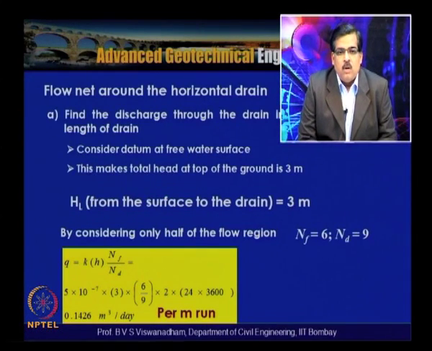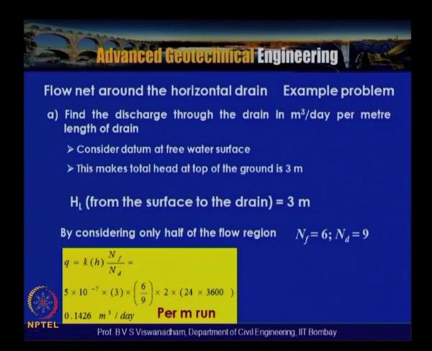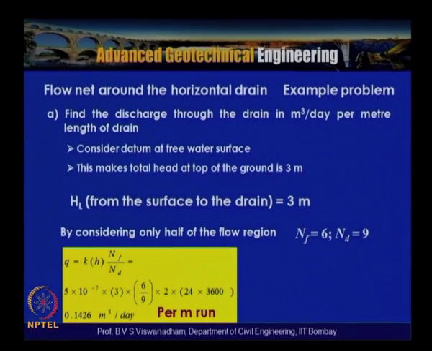So, we are doing an example problem, the flow net around the horizontal drain. The question is to find the discharge through the drain in meter cube per day per meter length of the drain, because it is a plane strain condition. So per meter length, a 2-dimensional analysis is very relevant, and we consider the datum at the free surface.